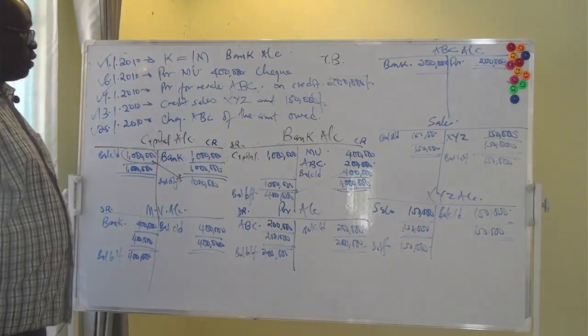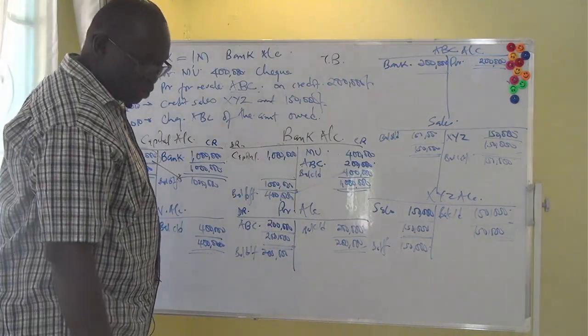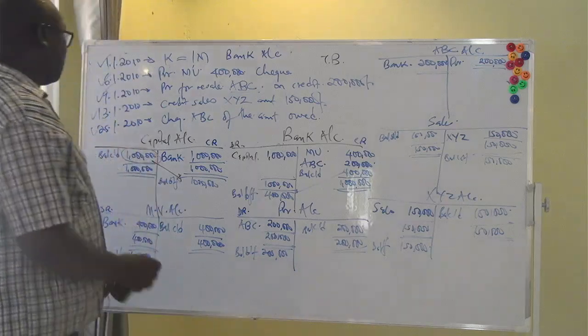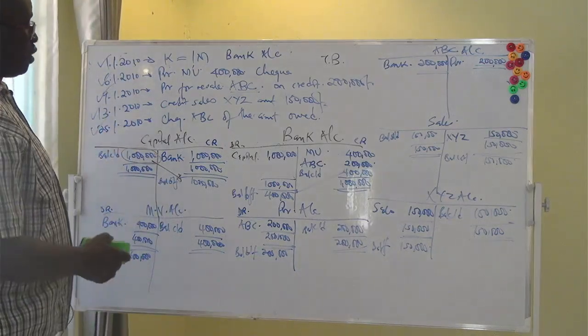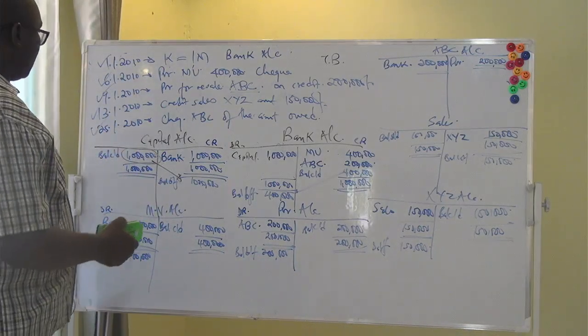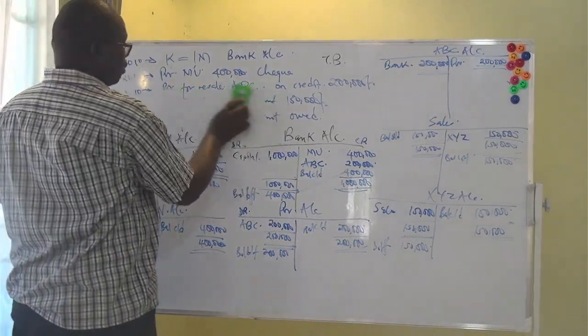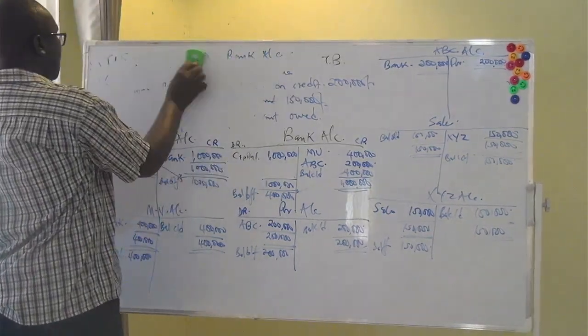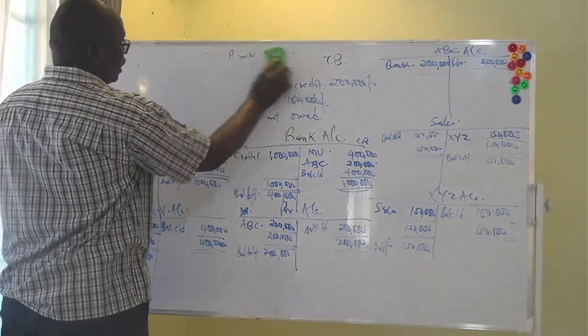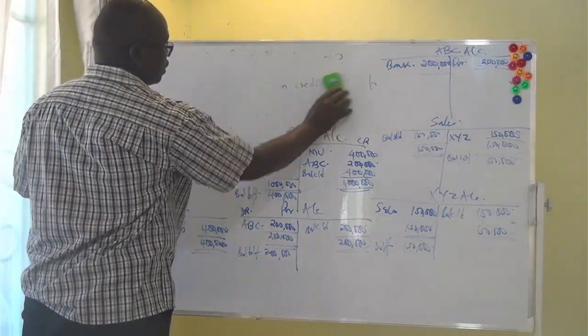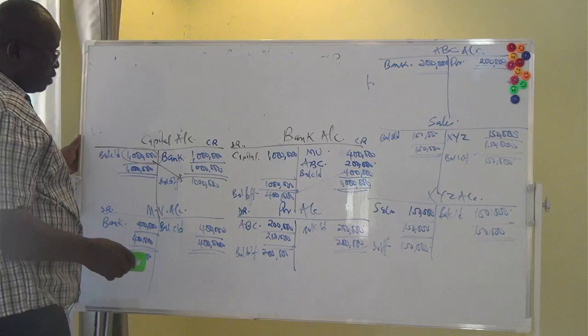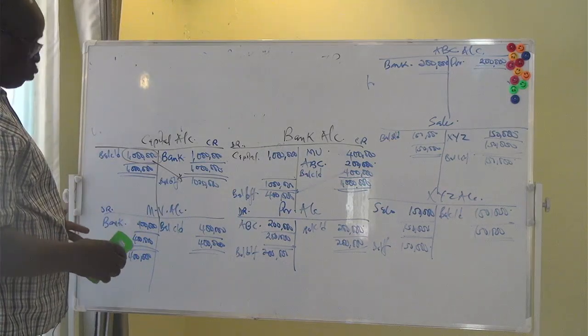Then the next thing that you do after that is to draw what is known as a trial balance. A trial balance is a summary of all the accounts. It is what tells you whether you have posted your accounts well.